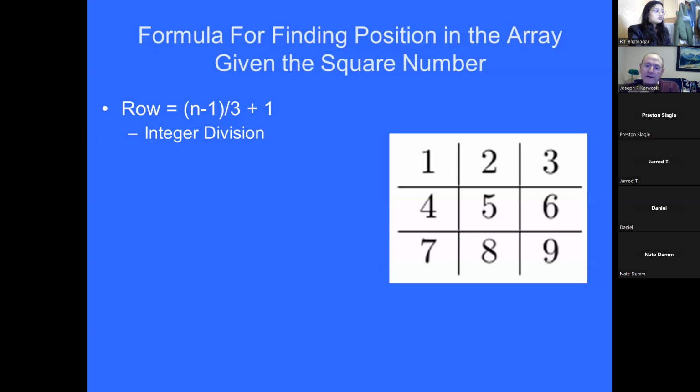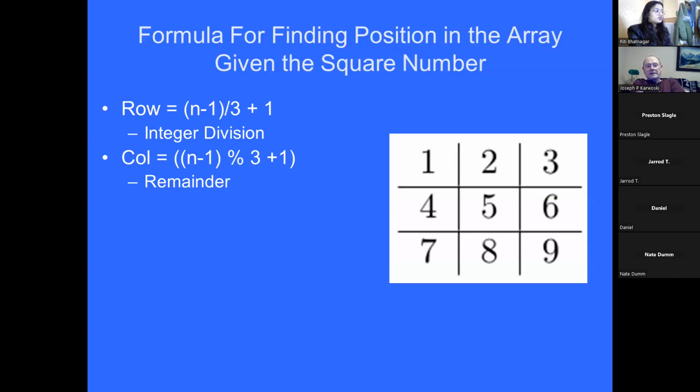What we need is to figure out what column we're going to be in. Now, for the first one, if we take 1, we're in column 1. So 1, 4, and 7 are going to be all column 1. Okay. The formula for that is going to be a remainder.